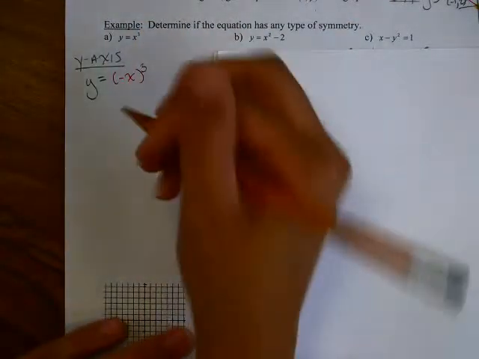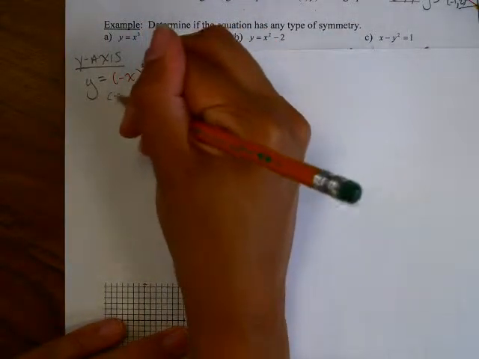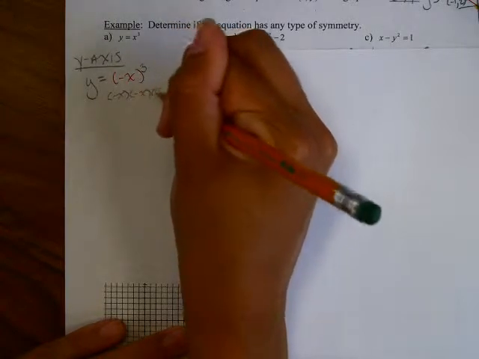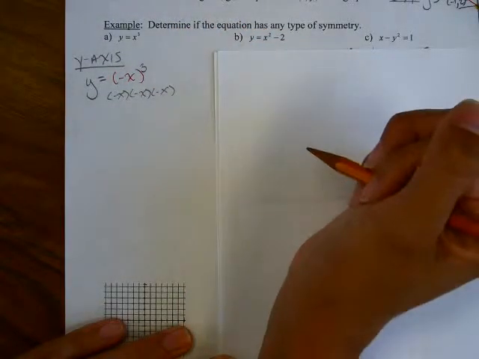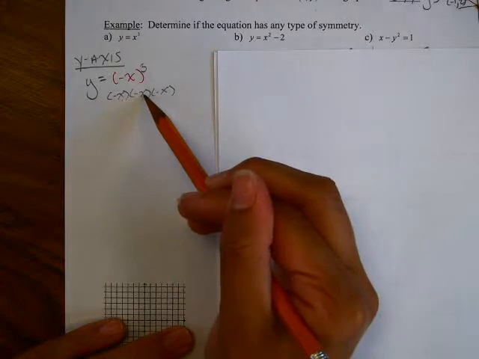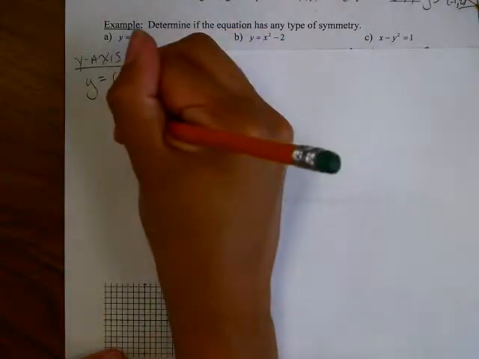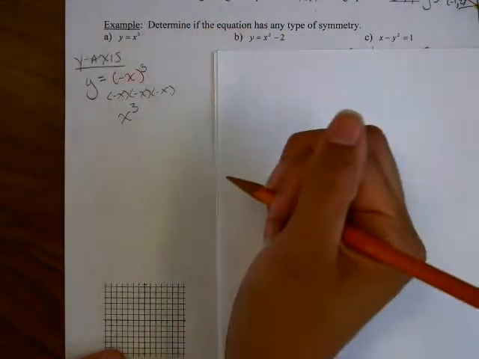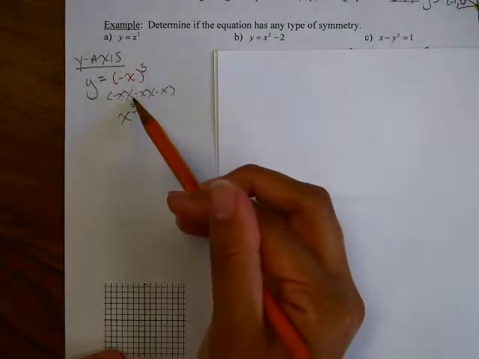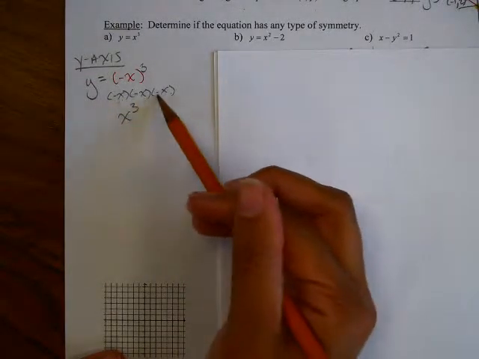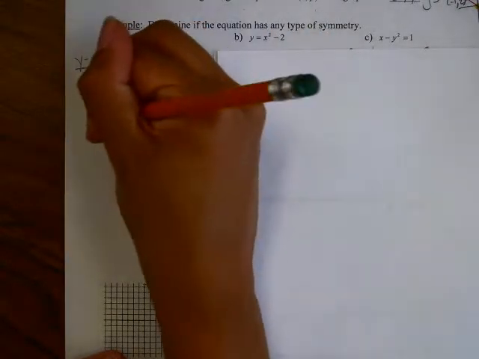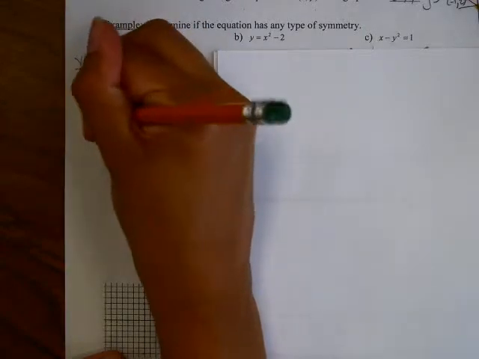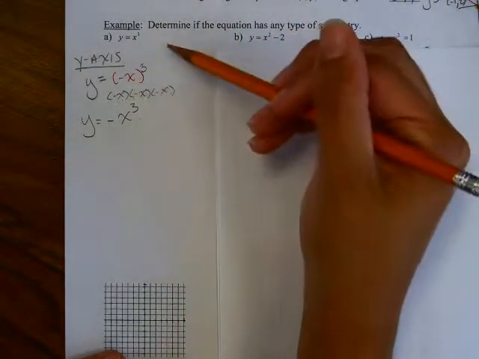Now to simplify this, we would do a negative x, and negative x, and negative x. A negative times a negative is a positive, times a negative is a negative, so that's -x cubed. When we look, is that the same as our original?